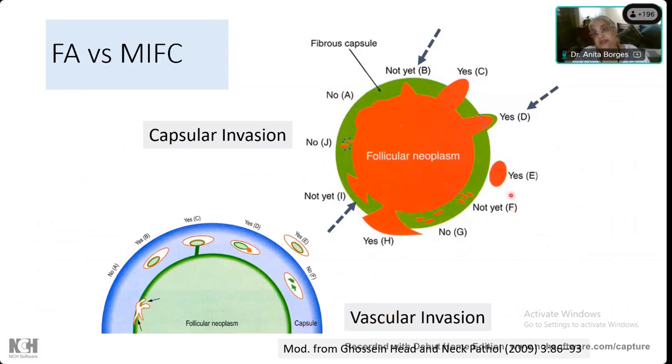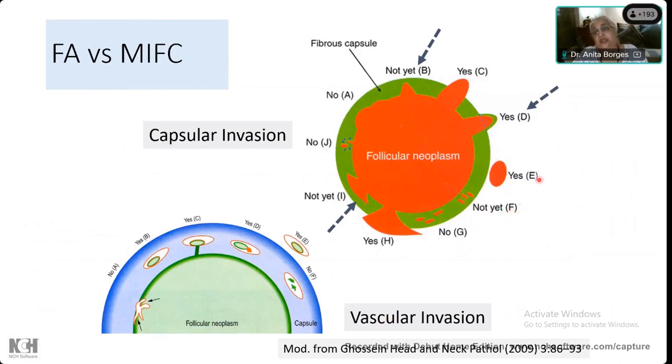Now here, he's got F. I'm just going through this one by one, because here the difference between G and F is perpendicular. So it looks almost as if it's making its way directly outside the capsule, but according to Gossain, it is not yet to be considered as capsular invasion.